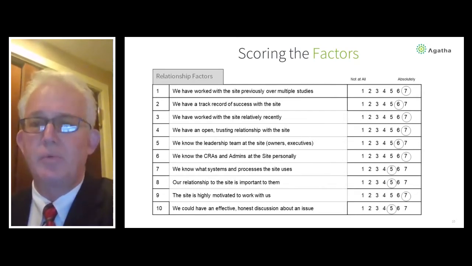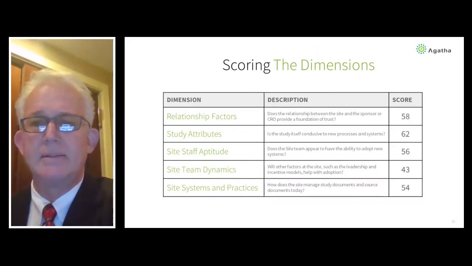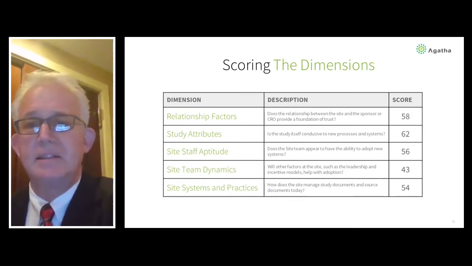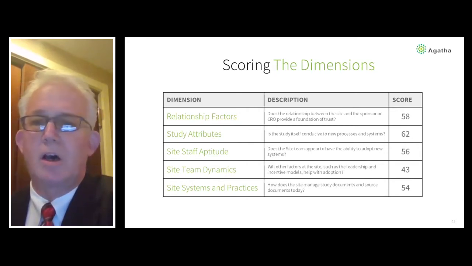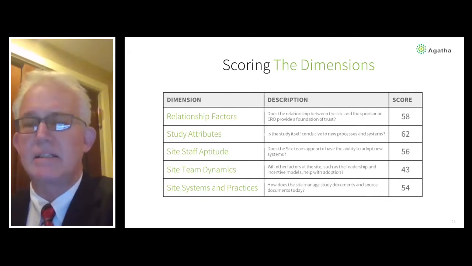Now, what do we do? We go through some interviews. We go through all 5 dimensions. We rate these factors if we don't know off the top of our head. And then we add them up. So out of 70, this particular site scored 58 on relationship factors, 62 on site attributes, 56 on staff aptitude, a 43 on the team dynamics, and a 54 on the site systems and practices.